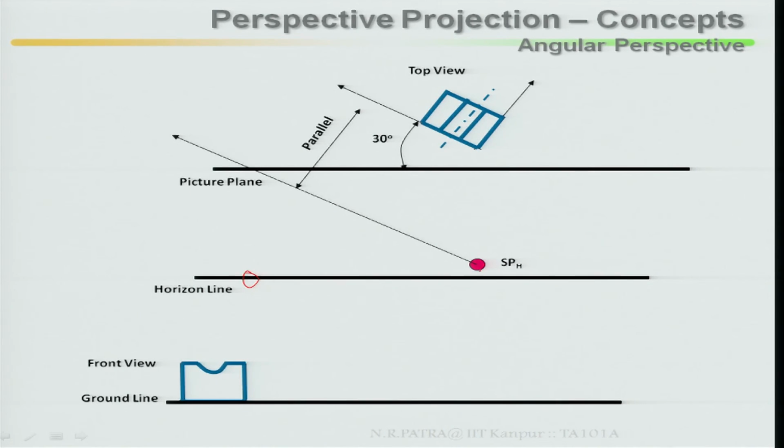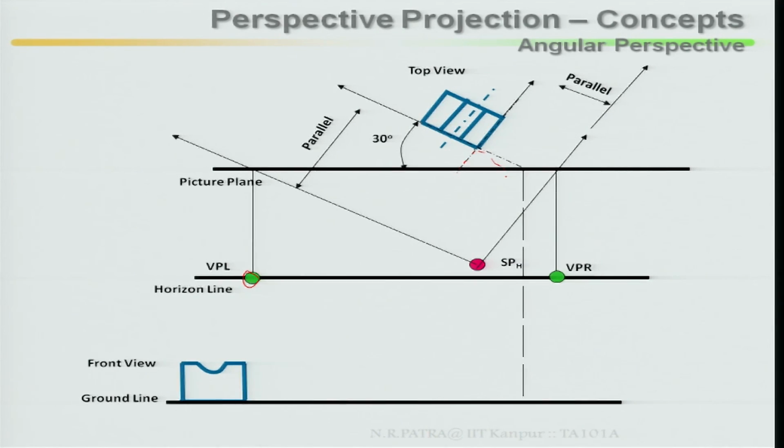From the station point, draw a line parallel to your right face like this, where it intercepts, draw it back, this is your right vanishing point. Right vanishing point, left vanishing point. Then extend it so that it can be joined to your picture plane. It has been extended back, so it has been joined to the picture plane.